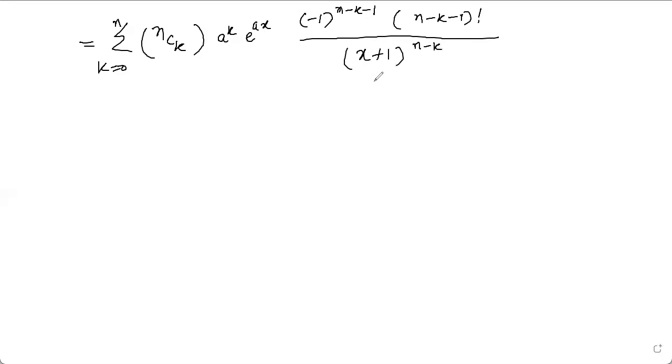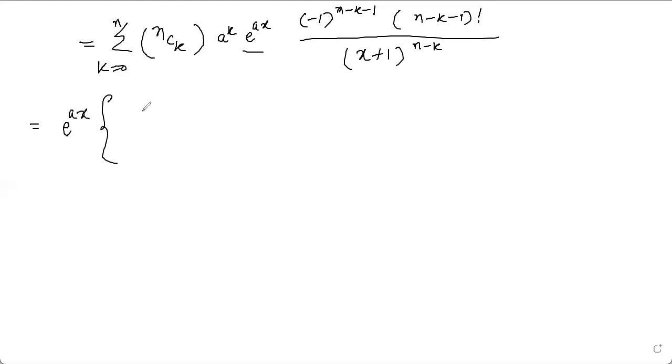Now let us put the values of k being 0, 1, and so on, and take the summation. For k equal to 0, what you observe is that e^(ax) is common, so let us take that outside.